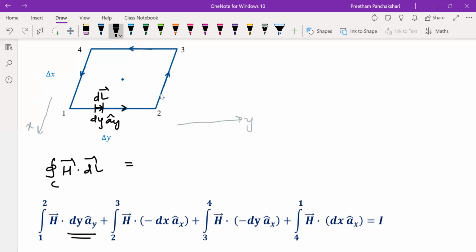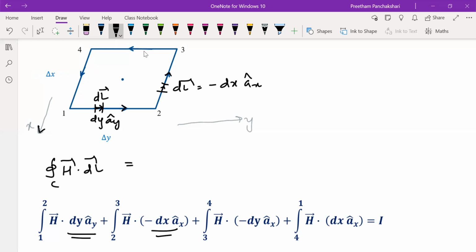Similarly, for the path 2 to 3, we can choose a differential length dl, and this line 2 to 3 is parallel to the x-axis, but oriented in the opposite direction of the x-axis. That's why the magnitude of this displacement is dx, and the direction is minus a cap x. That was used here.